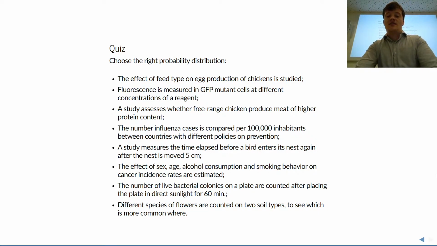Okay, second one. Fluorescence is measured in GFP mutant cells at different concentrations of a reagent. What's the outcome in this case? Fluorescence. Yeah, so intensity or something like that. And what kind of outcome is that?